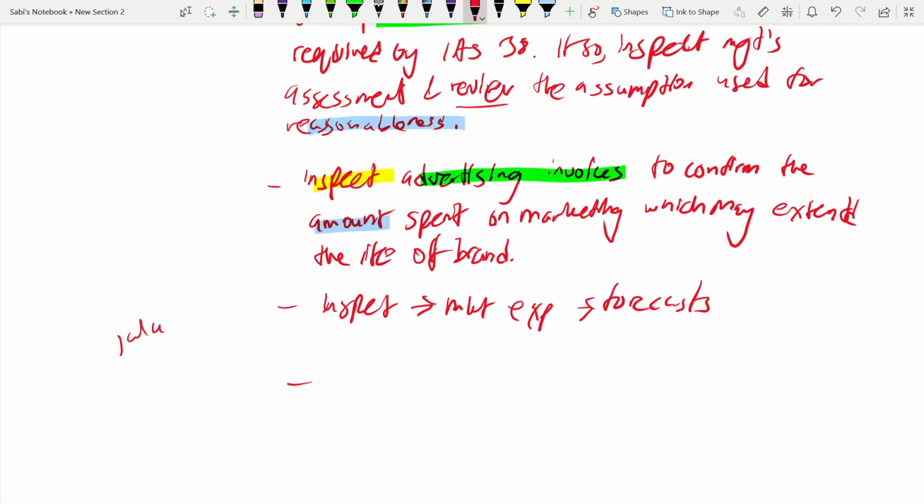Next, again it is related to marketing expense. Okay, so the next one is regarding amortization policy. Amortization will come. It's an intangible asset. So you have to compare this with what? Compare amortization policy with industry.